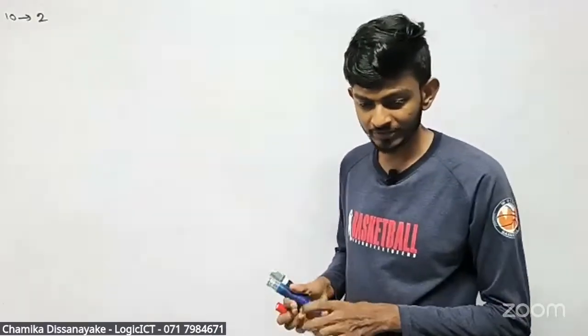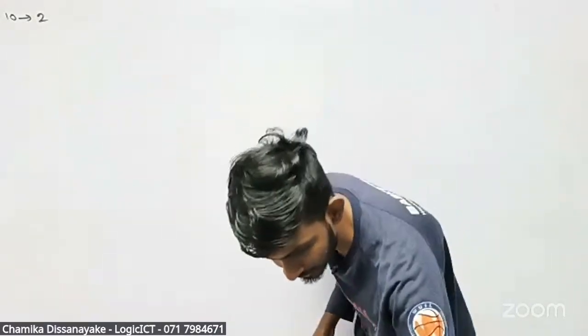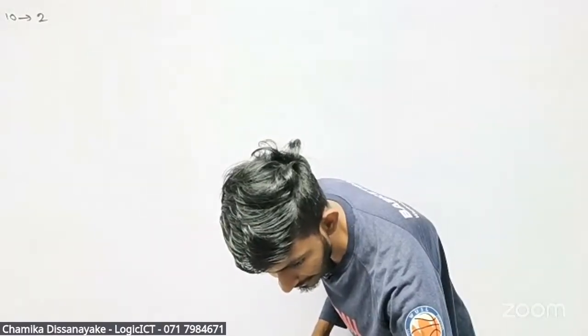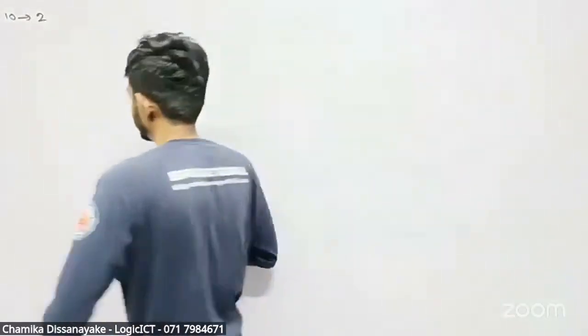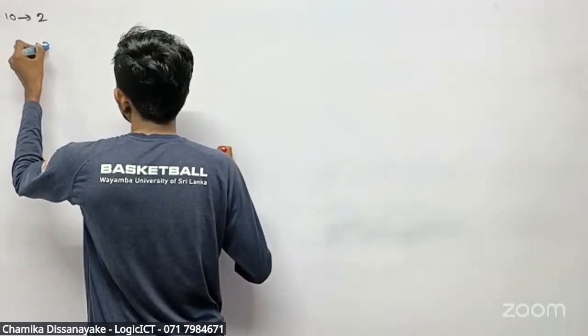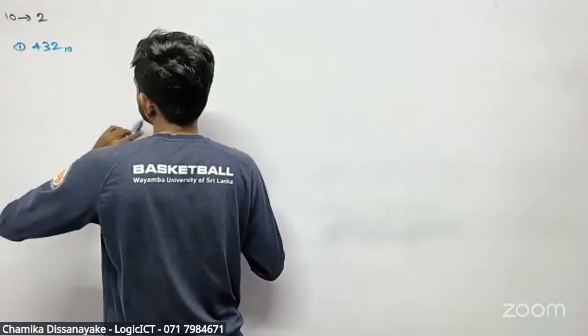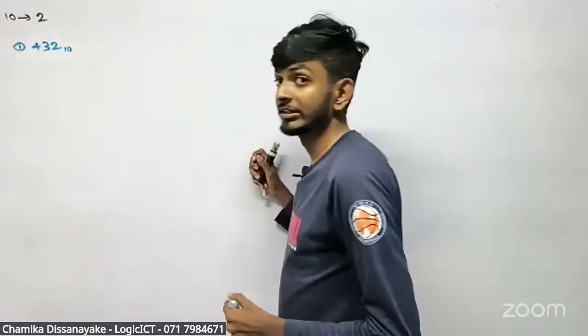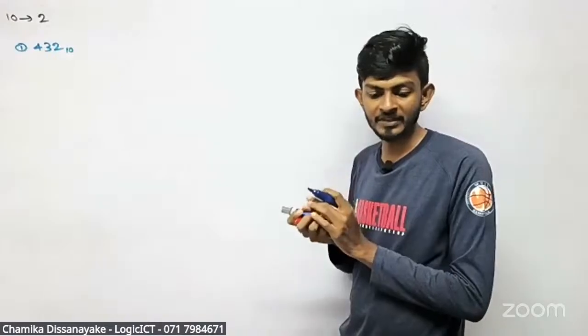So the first one is 432. This is a decimal number. We have to convert this one into binary.